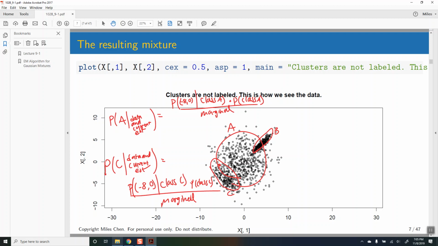So it's like k-means and the Bayes classifier. It's iterative in that we recalculate the mean of A and the variance of A, the mean of B and the variance of B, and the mean of C and variance of C, at every single iteration based on these weighted probabilities.